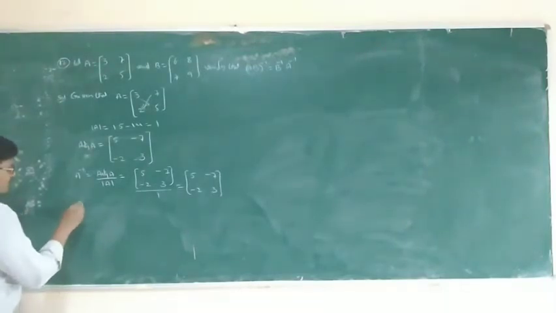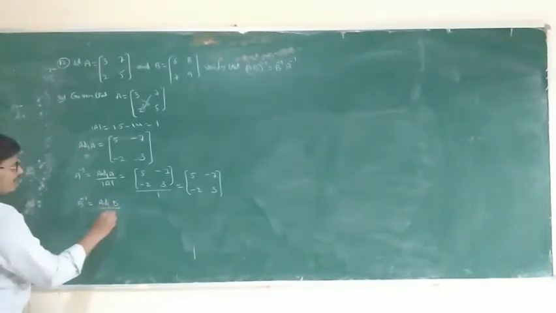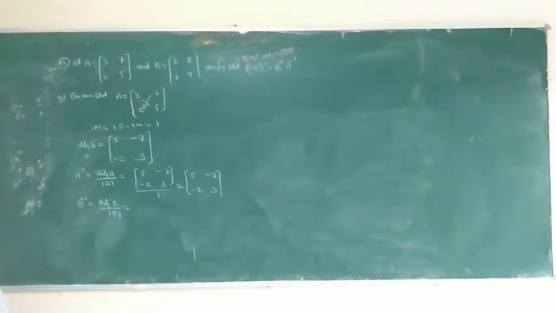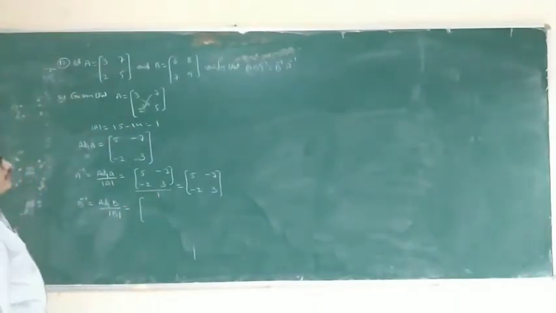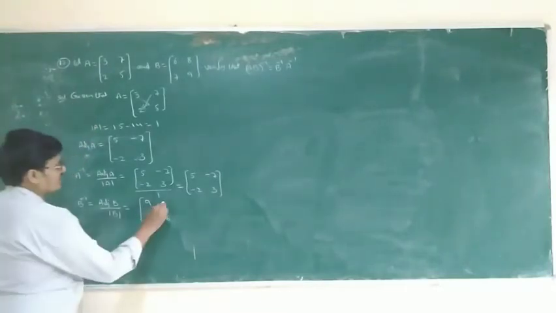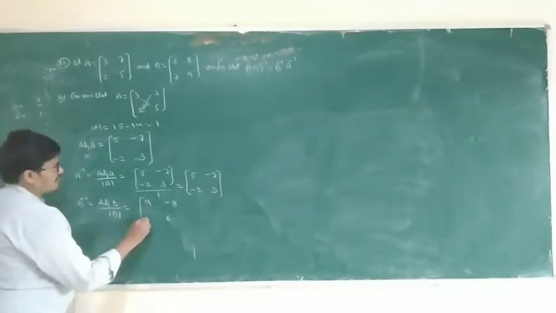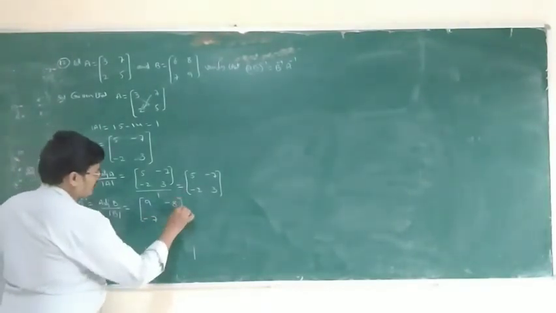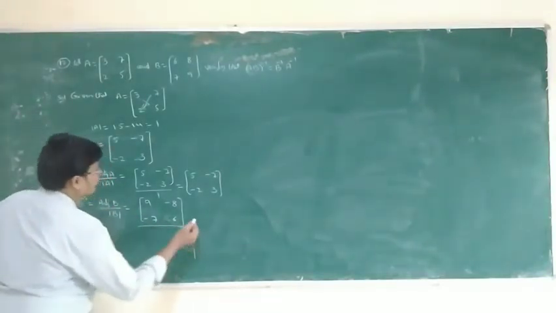Next, B inverse is equal to adjoint B by det B. How to find adjoint B? Interchange the first and last elements, 6 and 9, and for the other elements only change the sign, minus 8 and minus 7.